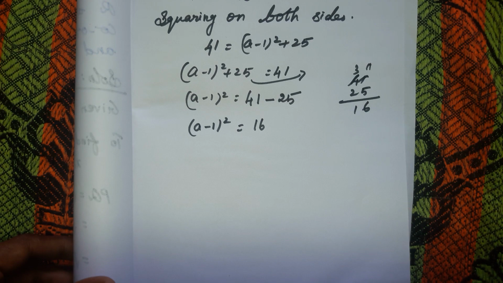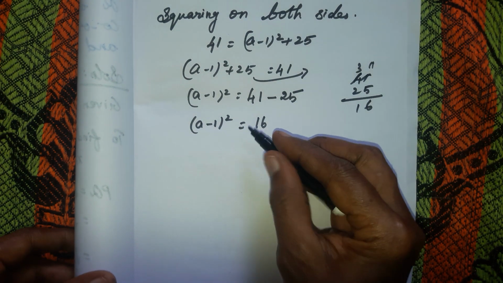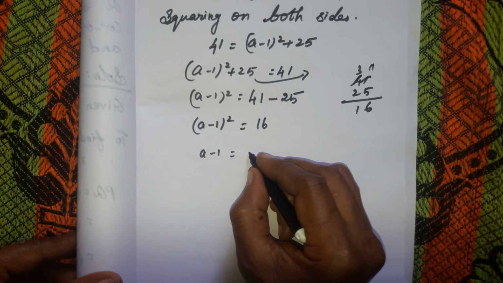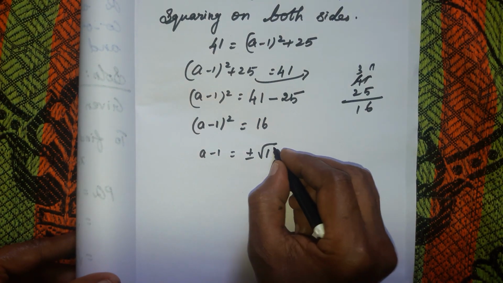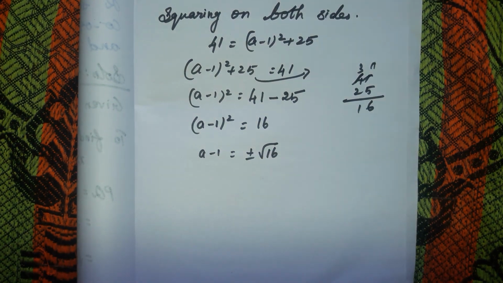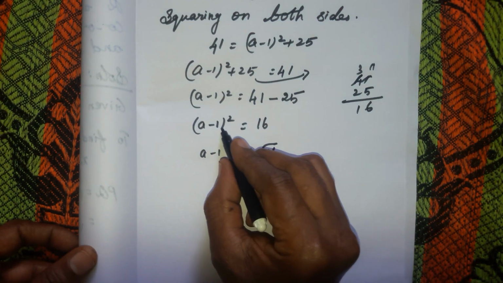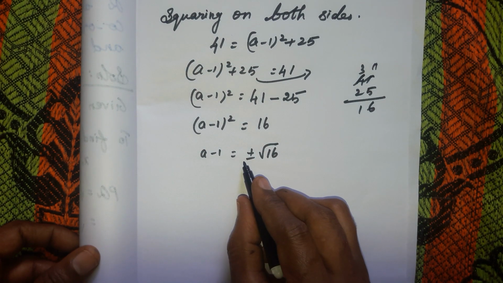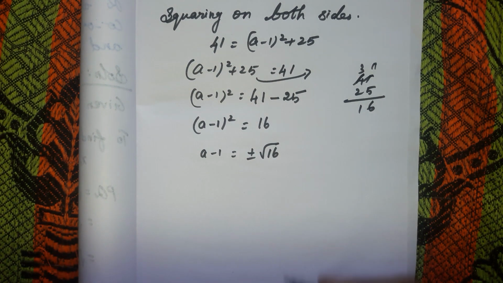Okay, (a minus 1) the whole square is equal to 16. Next, a minus 1 is equal to plus or minus root 16. What is plus or minus root 16?